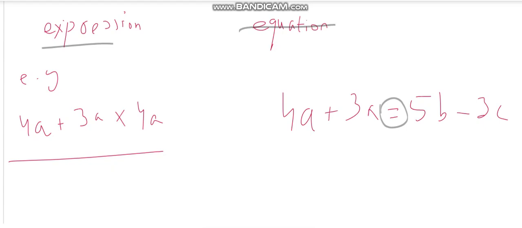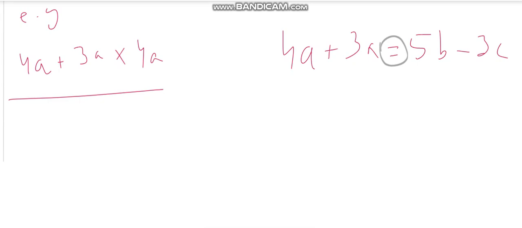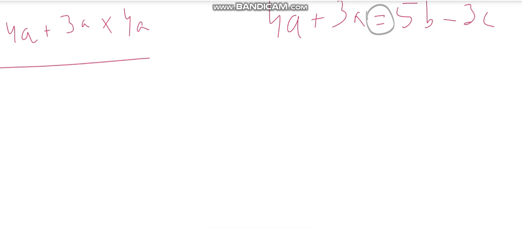In fact, an expression is used to represent a value in an algebraic form. For example, say we have a line here, and it is representing some kind of length.